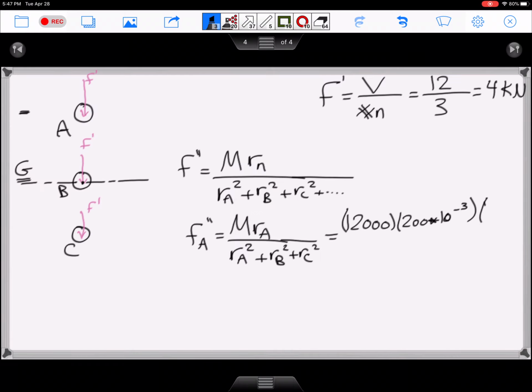So this one is 0.032 meters over RA squared, which is 0.032 meters squared, plus RB.